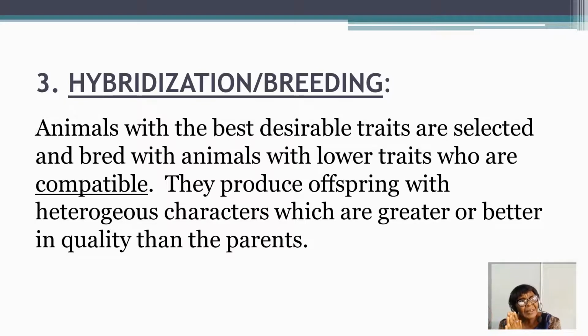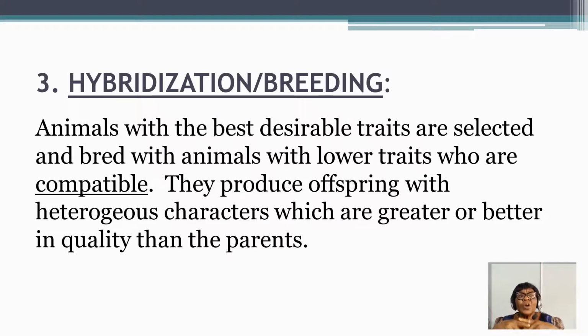When you select animals that you know are hybrids, then you breed them with local animals that are not as high breeding as those you have selected, crossbreed them, and they produce their young ones, their babies, their offspring.